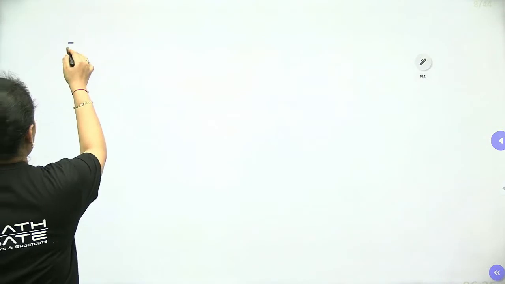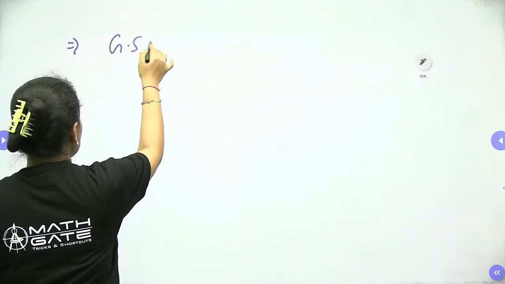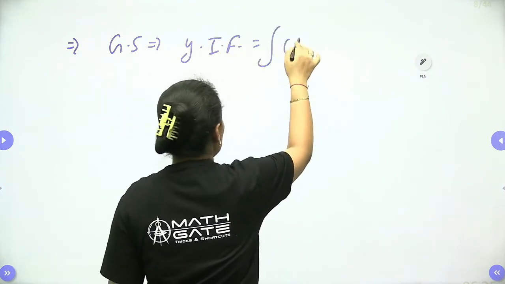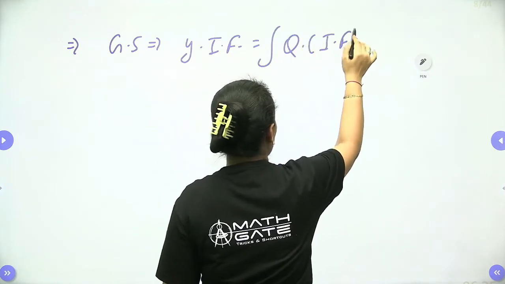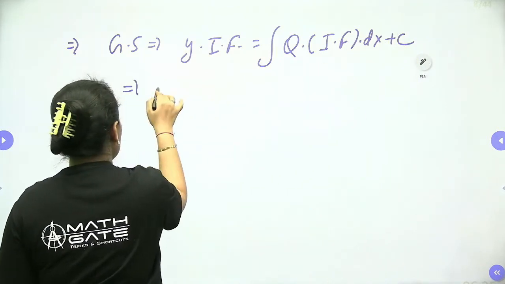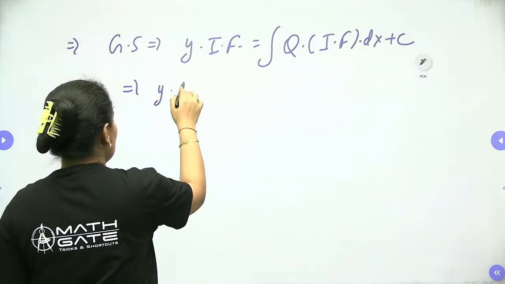When we have to find the solution, the general solution will be y into integrating factor is equal to integral of Q into integrating factor into dx plus c. Let's approach the solution. It will be y into the integrating factor, which is 1 minus x square.